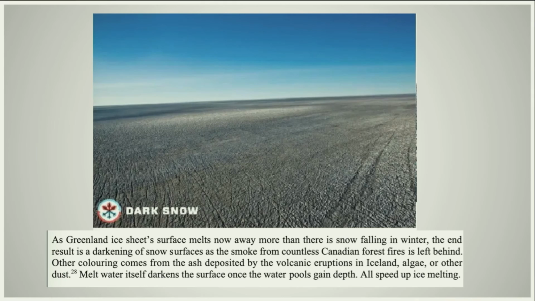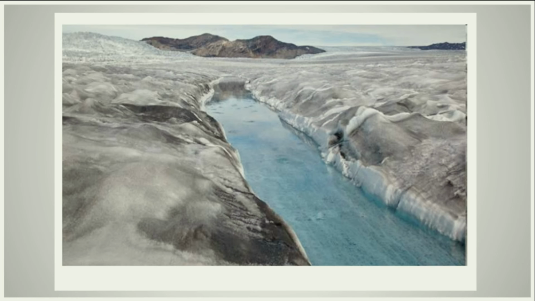Anyway, I'll end up with a few, again, recent pictures. This is, again, the Greenland ice cap, which we went back to this year, and it was even darker than it was previous year.